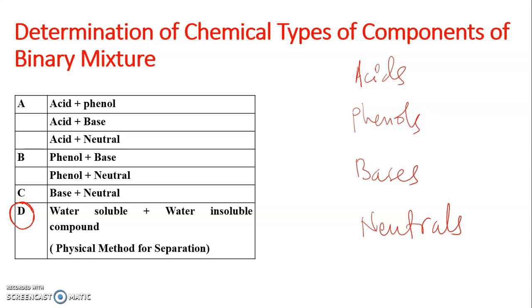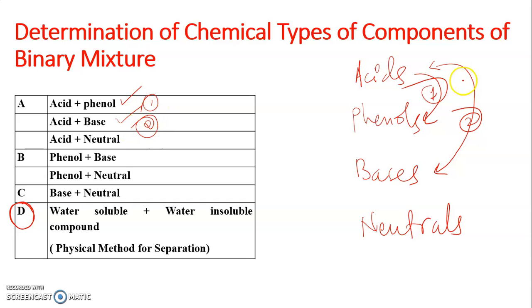We'll see. If acid is mixed with phenol, we will have one type of mixture, that is acid plus phenol. When acid is mixed with base, we will have a second type of mixture, acid and base. And when we mix acid with neutral, then we will have a third type of binary mixture, which again has one component as acid.